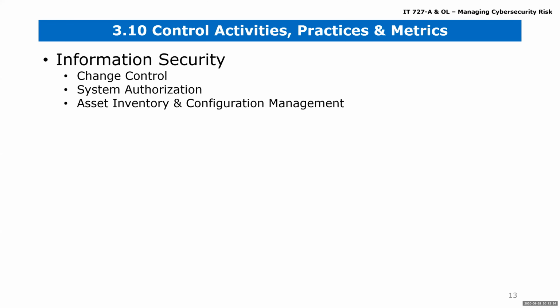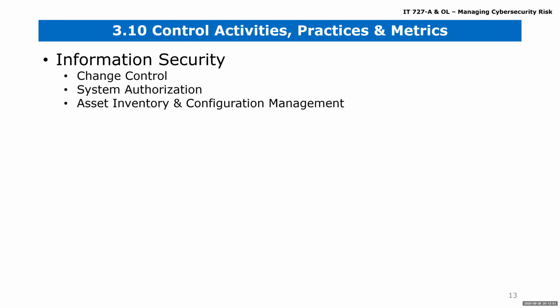So before any changes happen, what do we have in place that will ensure that any change to any of those things that have been identified will not impact the security or risk culture of the organization, right? That's around change control.